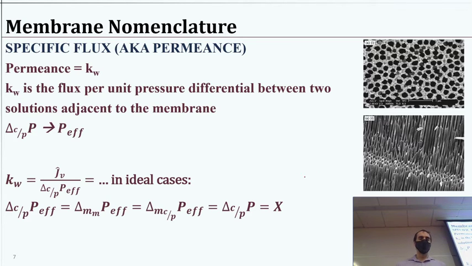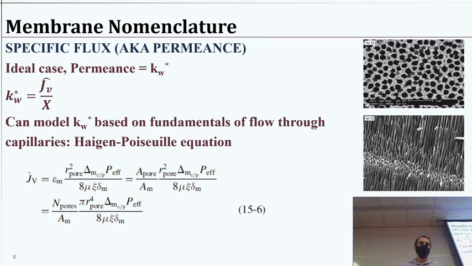In the simplified form, maybe we just leave that as X for a moment, and say it's the flux divided by some X. Then we'll describe that ideal case, put a little asterisk here, and say this permeance in the ideal case is that flux over X. Then we can model this system based on what happens in a capillary.